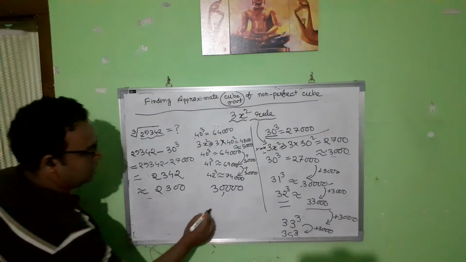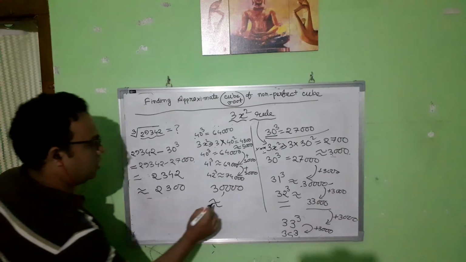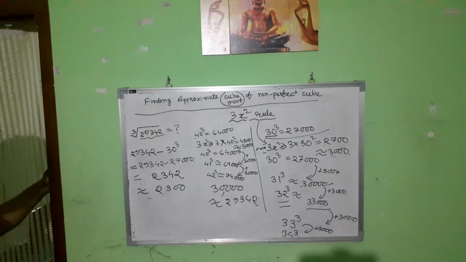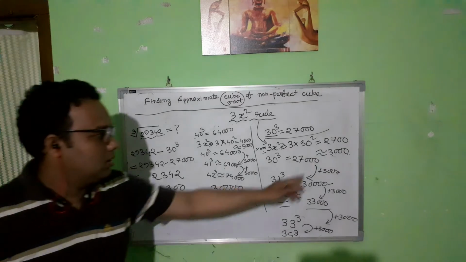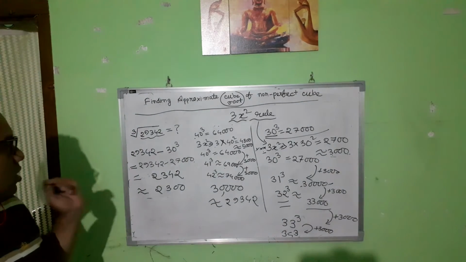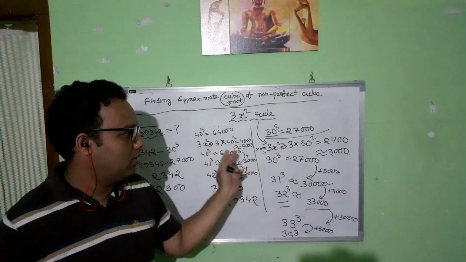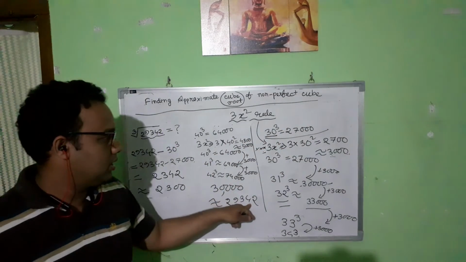And 30,000 is really closer to the number 29342. If I add 3000 with 30 cube, then I will get the number 30,000.